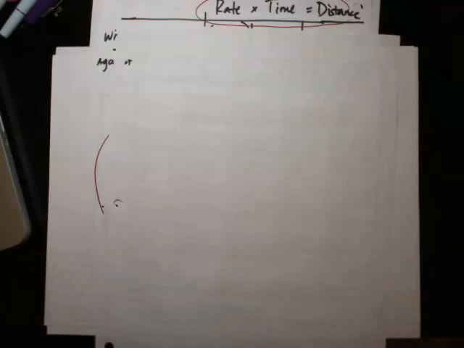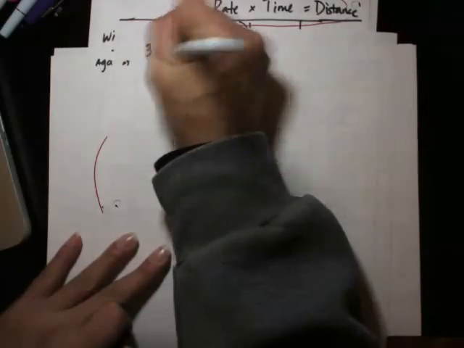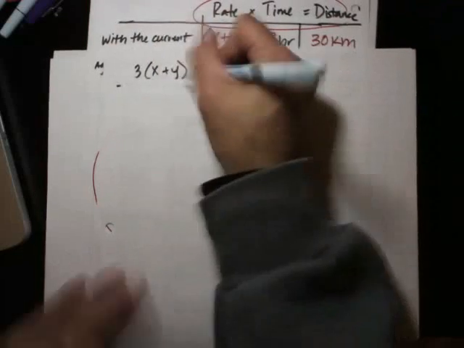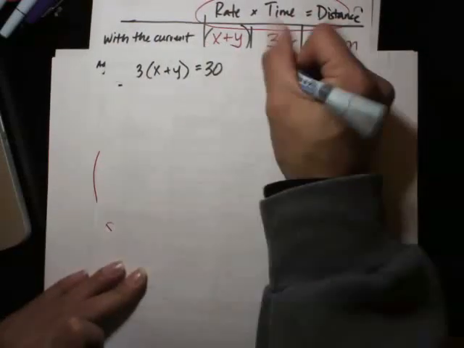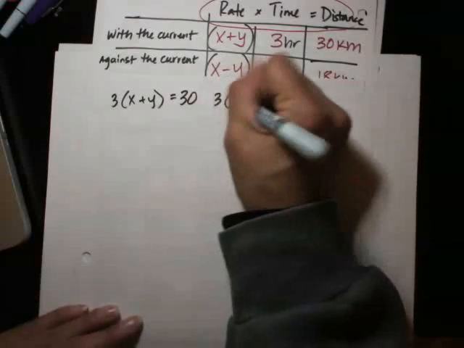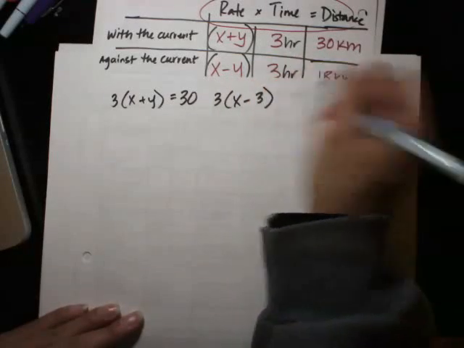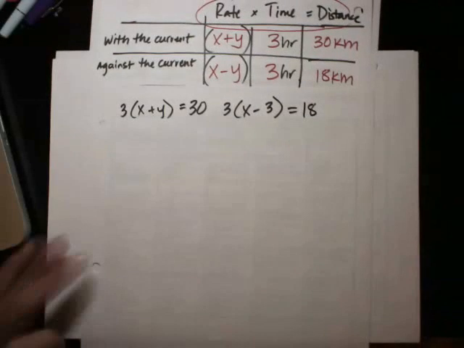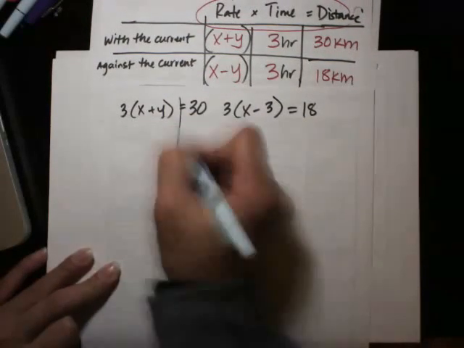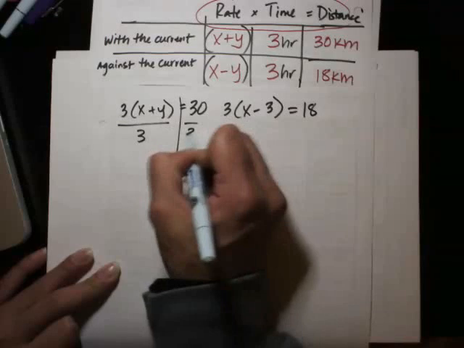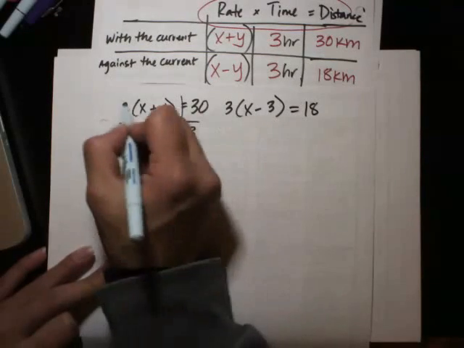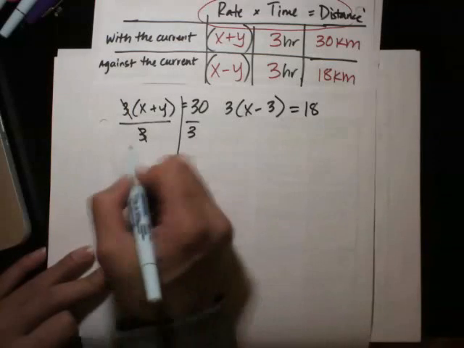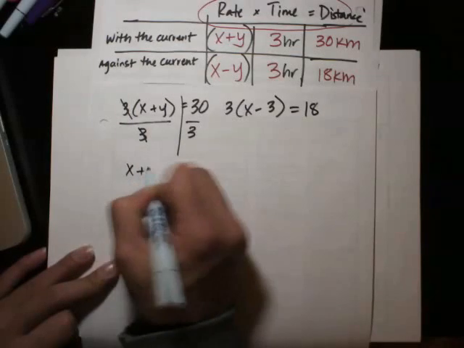So we have 3 times x plus y equals 30 kilometers, and 3 times x minus y equals 18 kilometers. I'm going to simplify this by doing the same trick as the other problem. I'm going to divide both sides by 3 because 3 is a factor, so you can cancel those out.